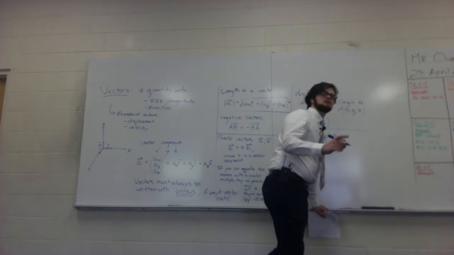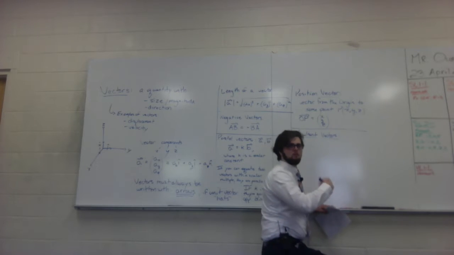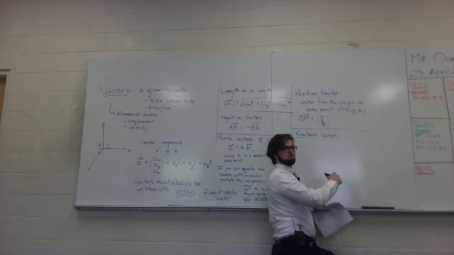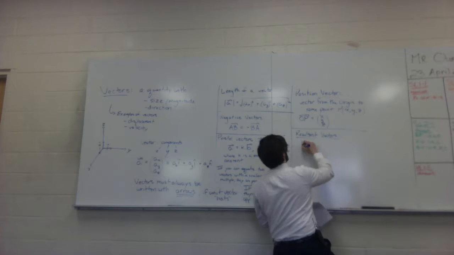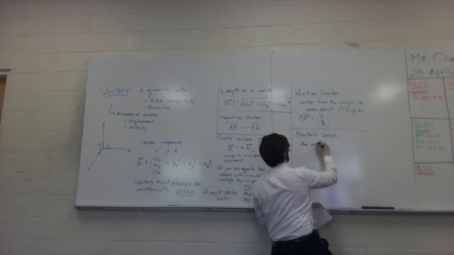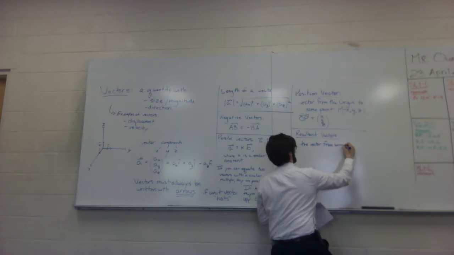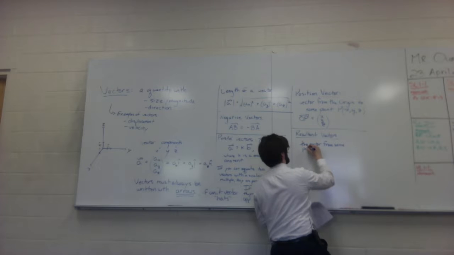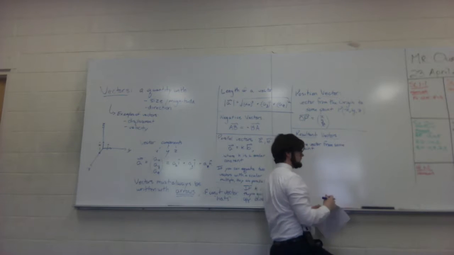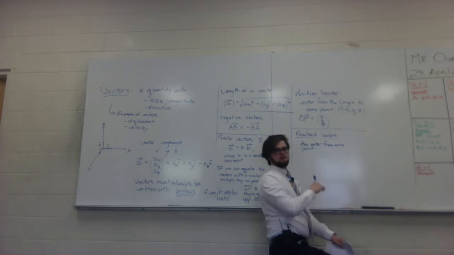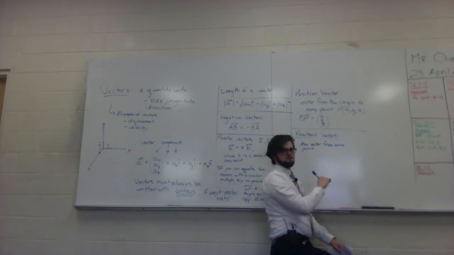It's not the distance, but the vector from one point other than the origin to some other point. I have a definition written down saying the distance between 2 points is equal to the magnitude of the resultant vector between them. That is true, but that is an extension of this.